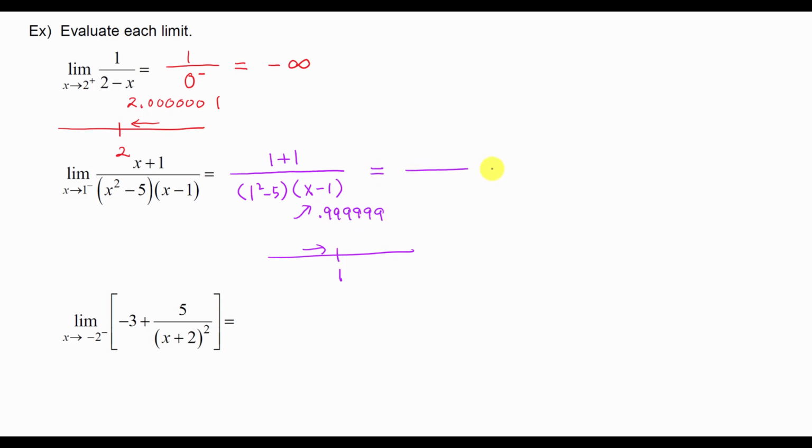Then you will have 2 on the numerator. 1 squared minus 5 is negative 4. And then 0.99999 minus 1 is a positive number or a negative number? It's going to be a negative number very close to 0. And because it's a negative number very close to 0, when you multiply by negative 4, it becomes a positive number that is very, very close to 0.